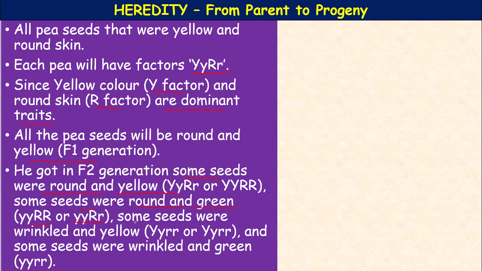Some seeds were wrinkled and yellow, capital Y, small r. And some seeds were wrinkled and green. Wrinkled and green means total recessive, that is small y, small r.